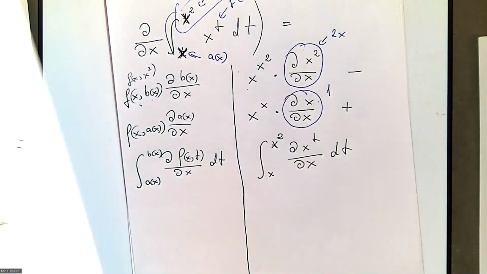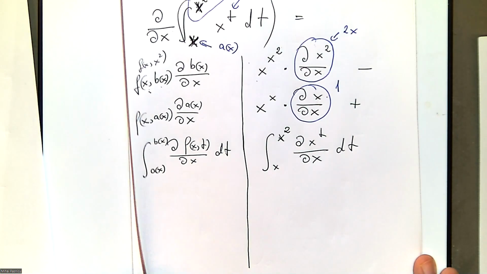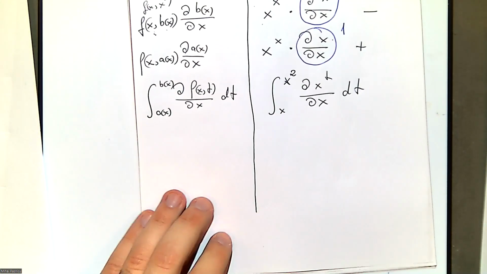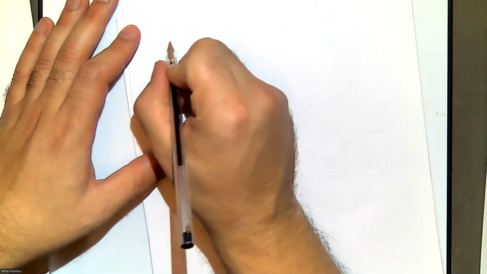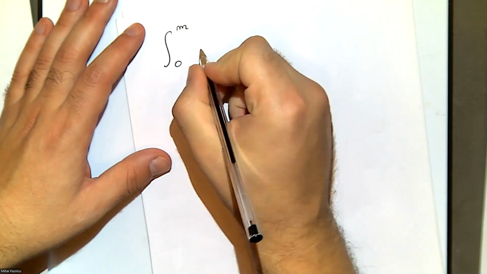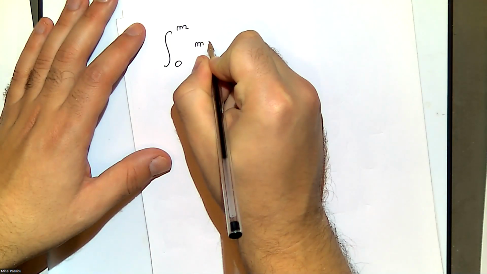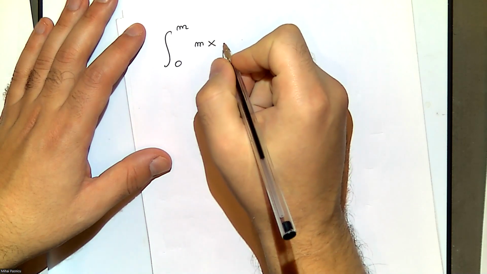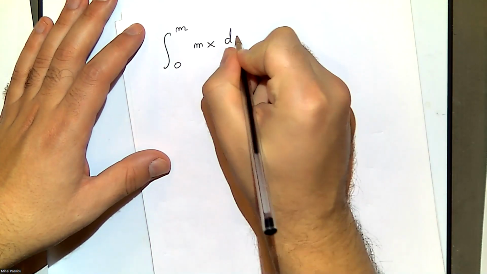For example, if I had the integral from 0 to m of m x, I don't know, I'm just giving complete examples, dx.